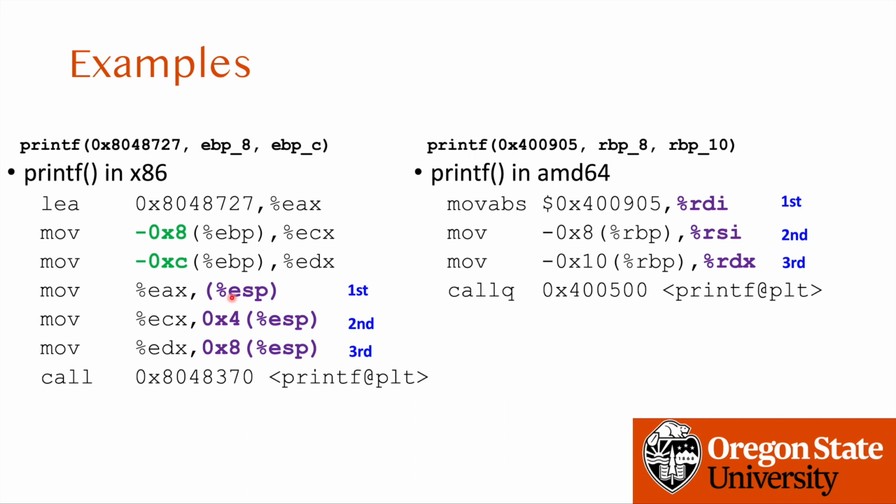To pass the first argument, we can identify the first argument as the 0 index over ESP, and it gets a value from EAX, which comes from LEA 8048727. For the second argument, it comes from ECX, and ECX is from EBP-8, which is a local variable.